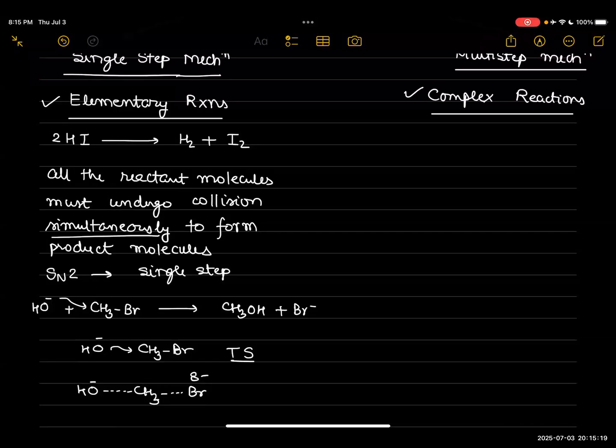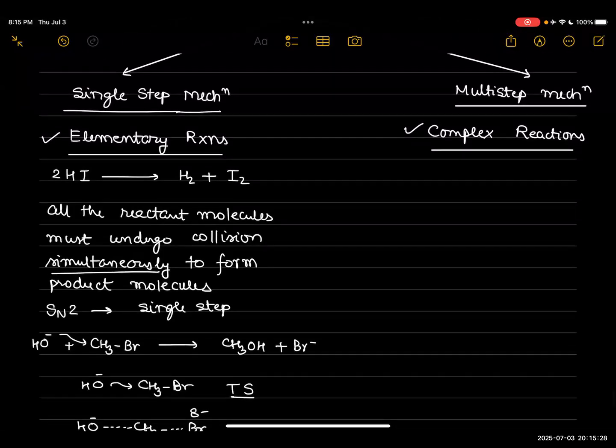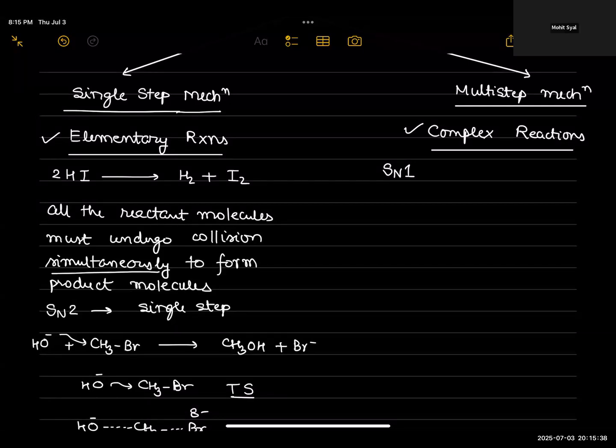Those are known as intermediates, reaction intermediates. Got it? So reaction intermediates appear in complex reactions, for example, SN1. SN1 is a complex reaction. So how does it proceed?